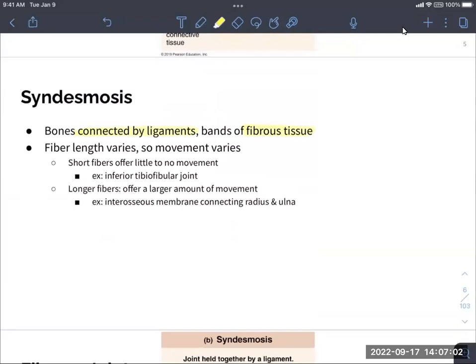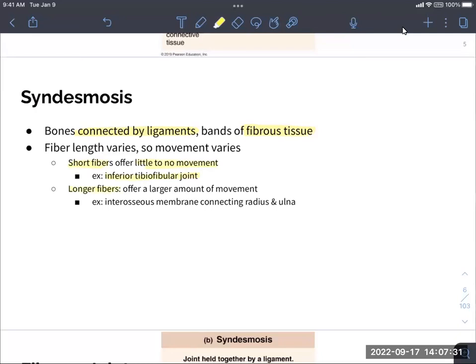So there's two different kinds of syndesmosis. They can have short fibers that offer little to no movement, like where the tibia and the fibula come together down close to the ankle, because that is a syndesmosis, the inferior tibiofibular joint.